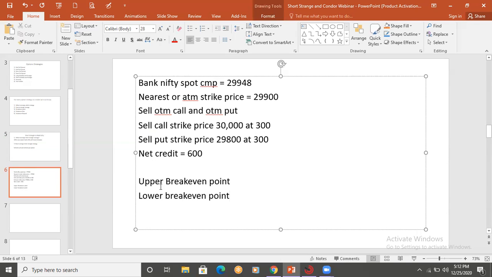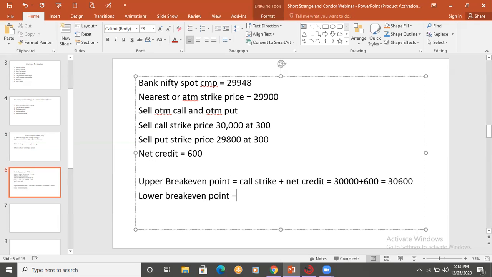Let's first focus on the upper break even point. The formula to calculate the upper break even point is call strike plus net credit. In this case, you can see the call strike is 30,000 and the net credit is 600. So I can say 30,600 is my upper break even.